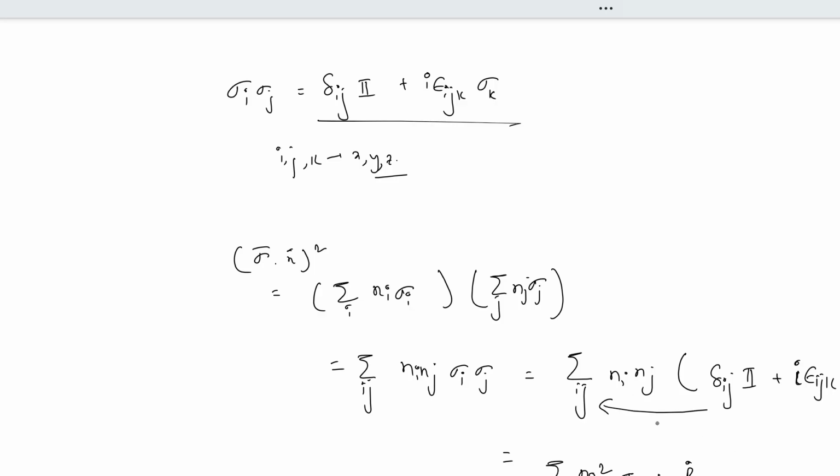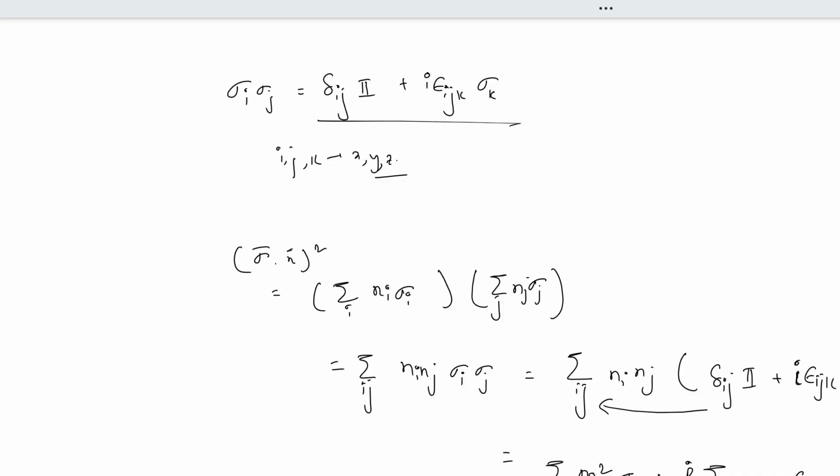So this is something you have to look at very carefully: the n_i n_j and epsilon_ijk sigma_k. Now this part n_i n_j is symmetric in i, j. That means even if you change the order of i and j to j and i, n_i n_j is equal to n_j n_i, right?